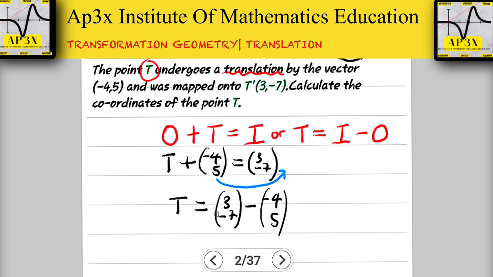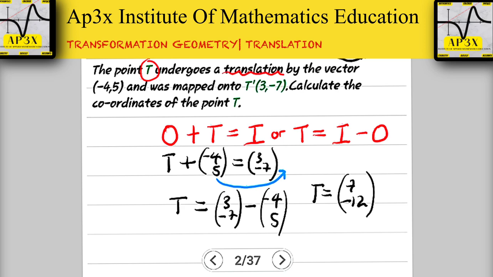So T is equal to 3 take away negative 4. These two negatives become a plus because they multiply each other. So 3 plus 4 is 7. And then negative 7 take away 5 is negative 12.